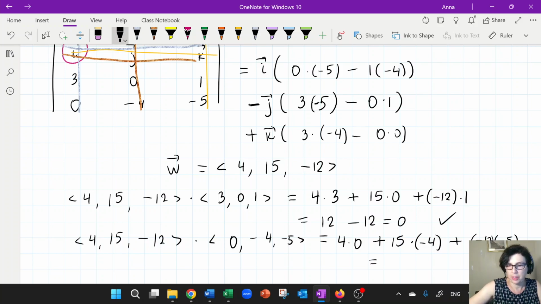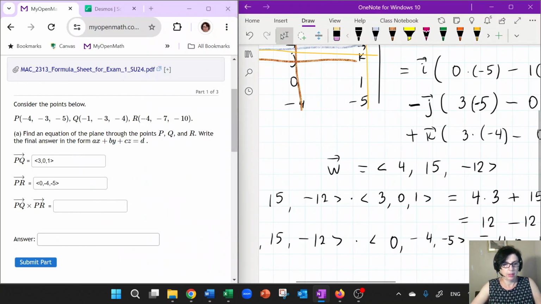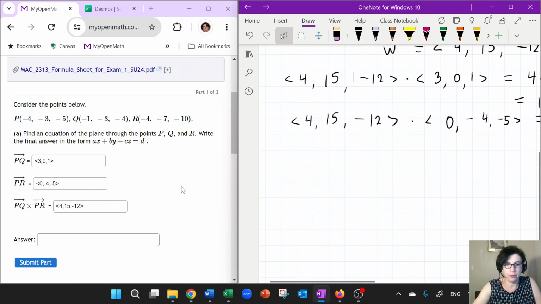So this will become -60, and then this will become +60, and that is 0. Check. Okay, I got the cross product correct. So I got 4, 15, -12.